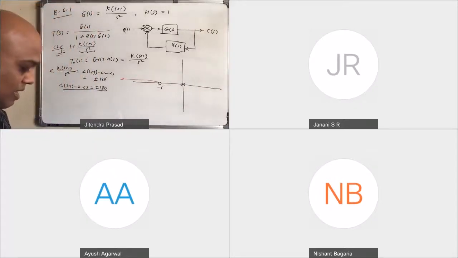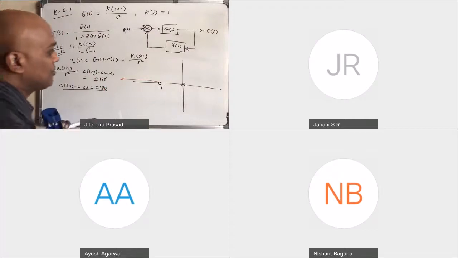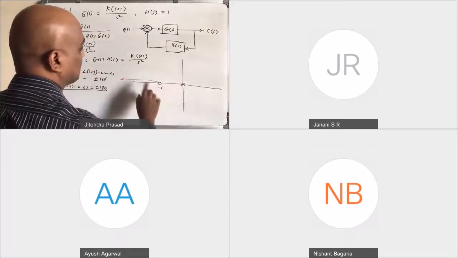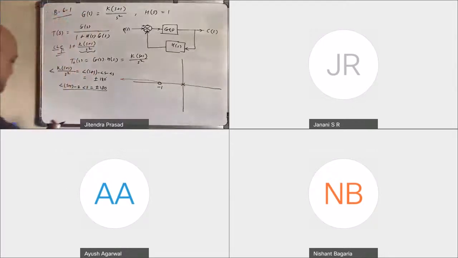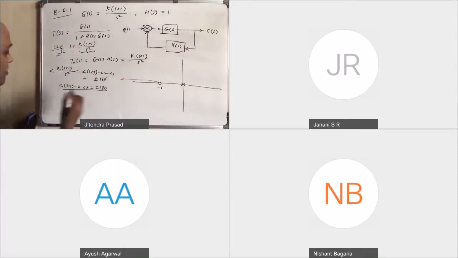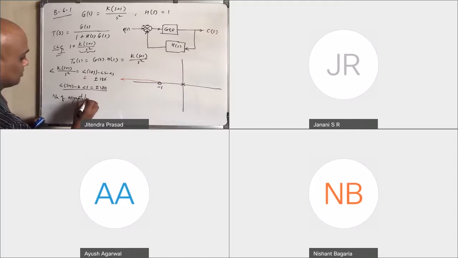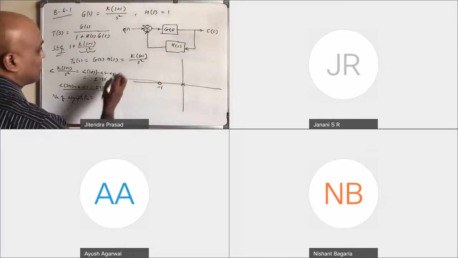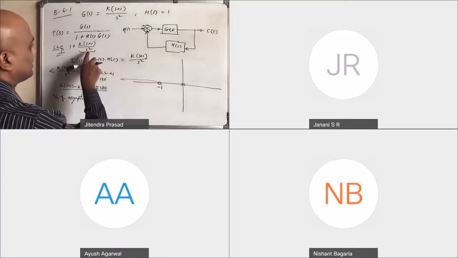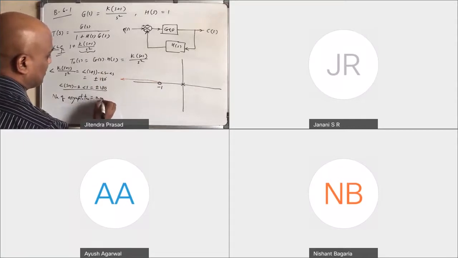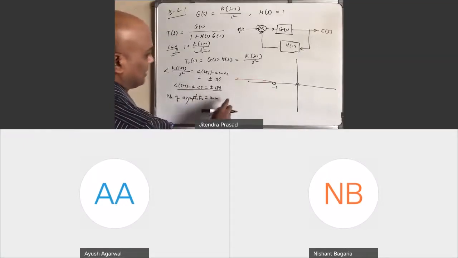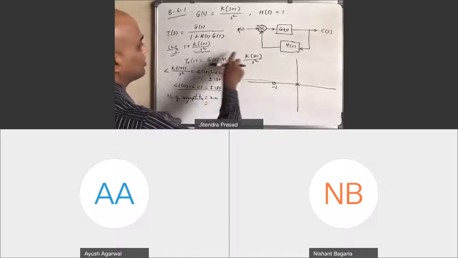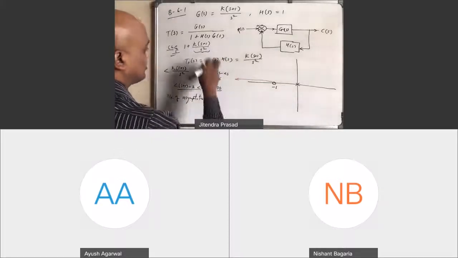Okay, done. Now the second thing: we have to look at how many asymptotes it will have. The number of asymptotes is n minus m, where n is 2 and m is 1, so it is equal to 1.